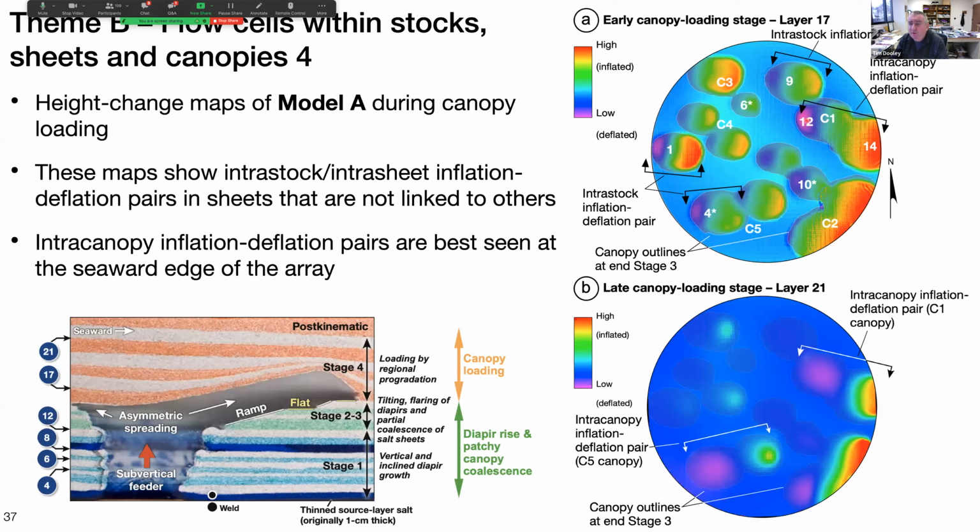We have salt being expelled from the up-dip edges in a heel toe scenario here, and as we end up onwards, we're on 17 and 21 here. But once more, what you see towards the end is deflation at the up-dip edge, inflation at the other edge.